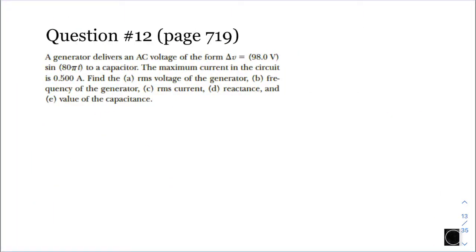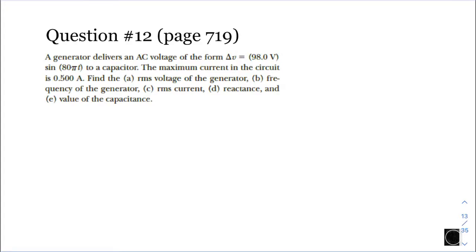So let's take a look at question number 12. An AC generator delivers an AC voltage of the form delta V equals 98 volt sine 80 pi t to a capacitor. The maximum current in the circuit is 0.5 ampere. Find A, the RMS voltage of the generator, B, frequency of the generator, C, RMS current, D, reactance, and E, value of the capacitance.